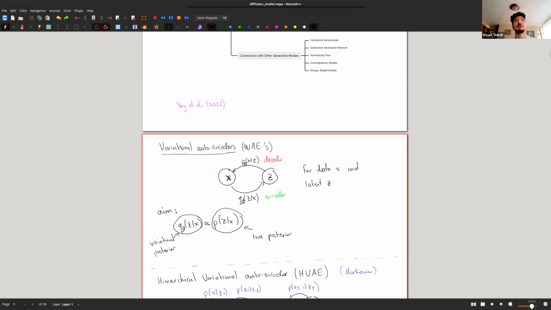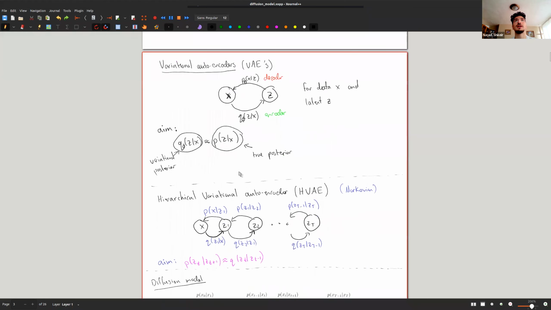And there's a generalization of variational autoencoders, which is hierarchical variational autoencoders, but specifically Markov ones. As in, the next state is only dependent on its previous state and no other state before it. So you take your data X and encode it into some latent Z1, and then you encode that latent Z1 into another Z2 and so on until some T, where T is like a layer in your network, how many layers you have here.